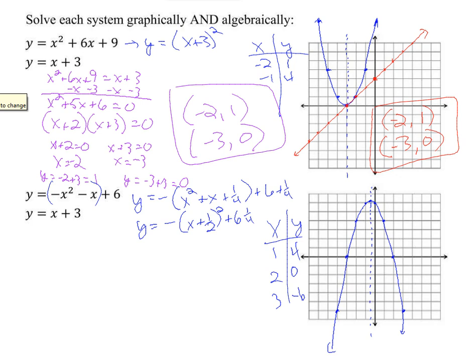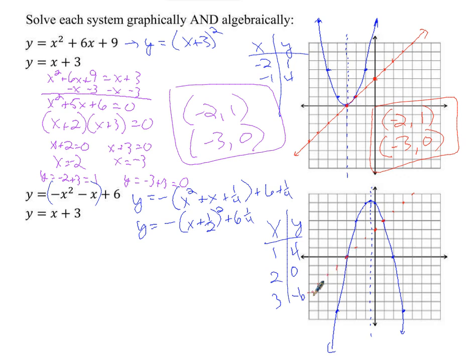Draw in your line, y equals x plus 3. It's actually the exact same line as what we had above. So I go up to 3, 1, 2, 3 on my y-axis. That's my y-intercept. And then I have a slope of 1 over 1. So I go up 1, right 1, and look, there's a dot right on top of that dot. Put more dots in there because I got to make a good graph. Reverse it, go the other way. And what do you know? We landed on another dot from my other parabola.